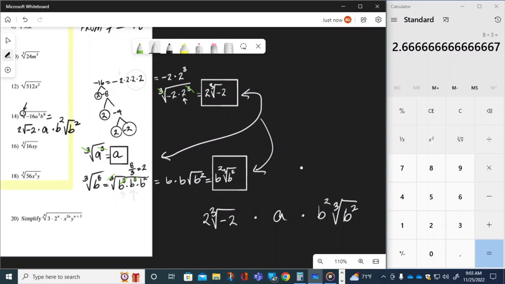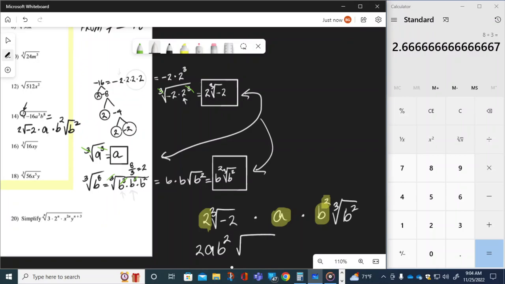All right. So all that's left to do is that you gotta combine these two with this A with this B to the power of 2 and put them in front. So that's 2AB to the power of 2.